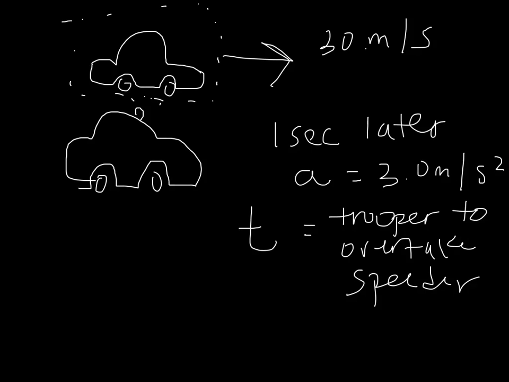So how are we going to solve this? Well, we're going to use those kinematic equations. So first, we need to talk about the car. And what we want is actually the time that it takes for the trooper to overtake it. So we do need a position, that position in which he overtakes the car.